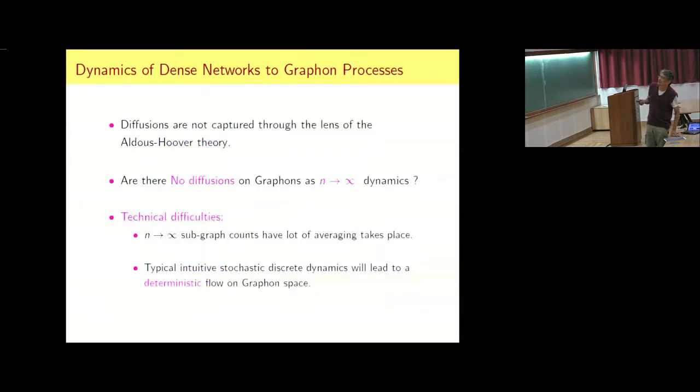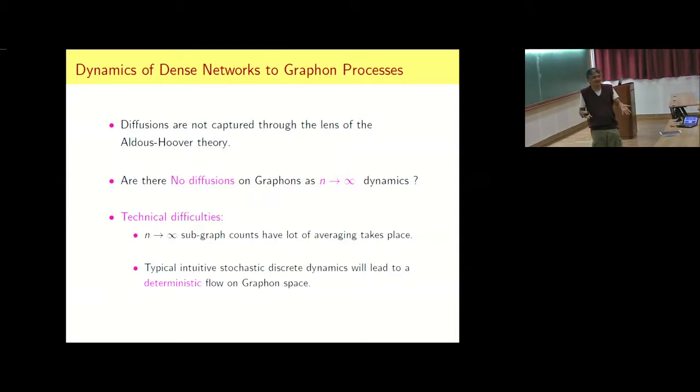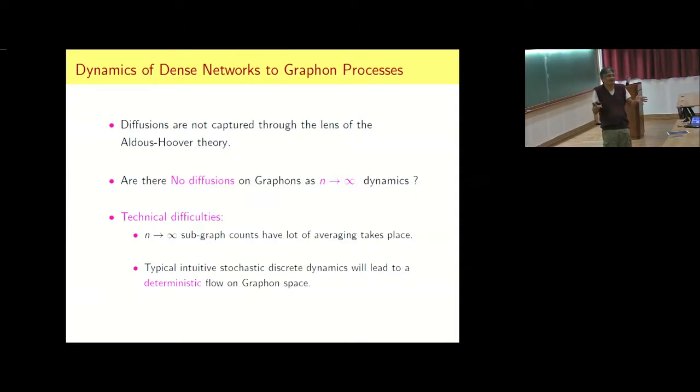So like I said, diffusions are not captured through the lens of Aldous-Hoover theory. So then the question is, are there no diffusions on graphons that come from discrete dynamics? Of course, you have a metric space, you can have some diffusion, you can abstractly define a Markov process on it. But does it come from an interesting discrete dynamics?